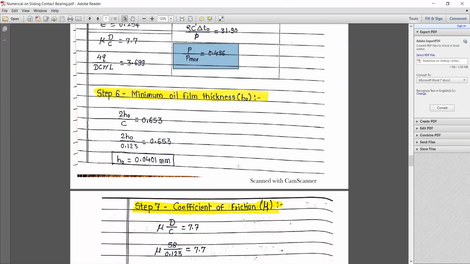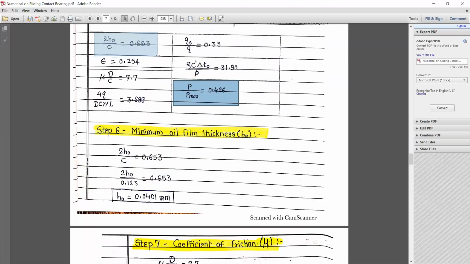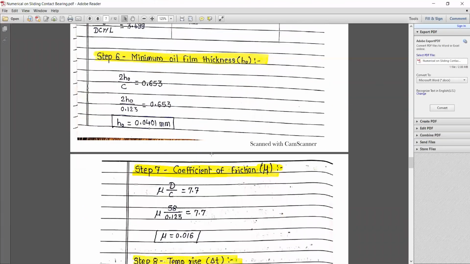Okay, now we are using the first one, that is 2H0 by C, to calculate the minimum oil film thickness. Here 2H0 by C is equal to 0.653. Putting the value of C, that is 0.123, we get the minimum oil film thickness equal to 0.0401 mm.